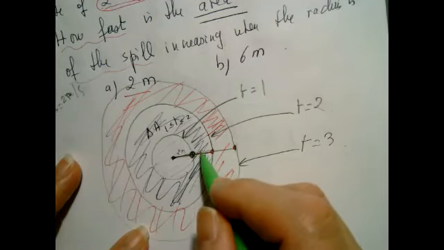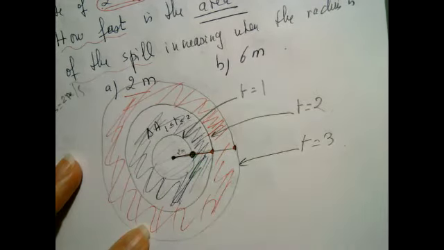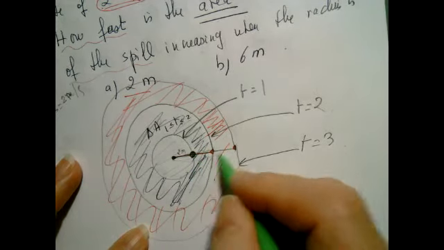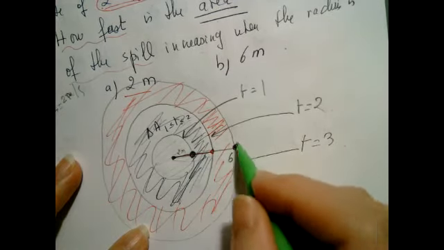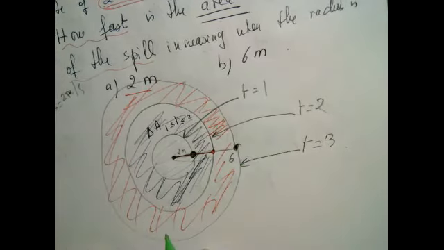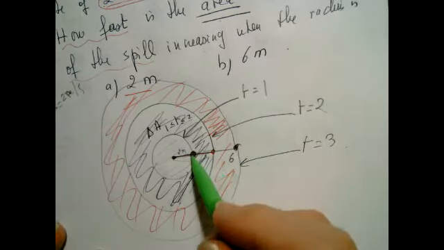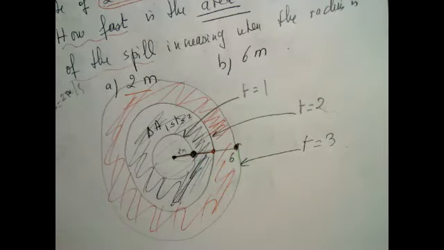If I tell you, when was the area growing faster? Here at r equal to 2 or at r equal to 6. It means when the radius is 6, it means t is 3. And okay, when was the area growing faster? Here or here? So with respect to time.